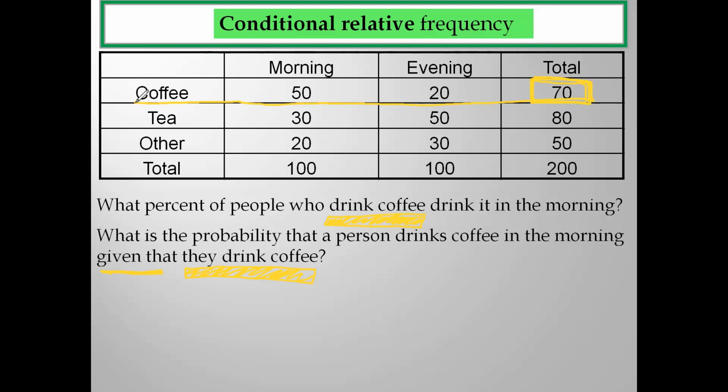That means 70 will be the denominator value when we calculate our probability. To figure out what's next, the overlap, that is, in the morning, will be the overlap, and the overlap would be 50.